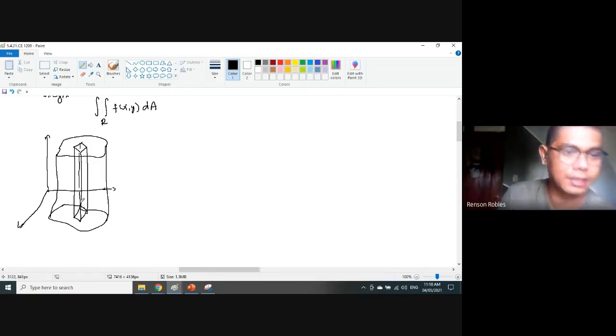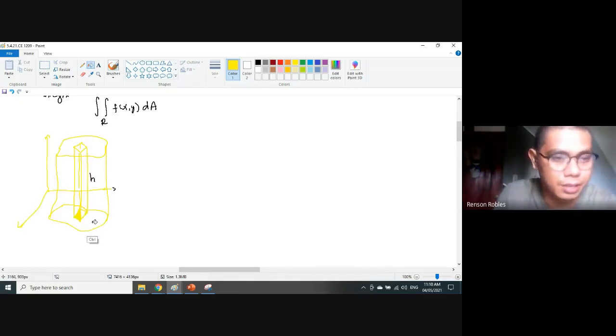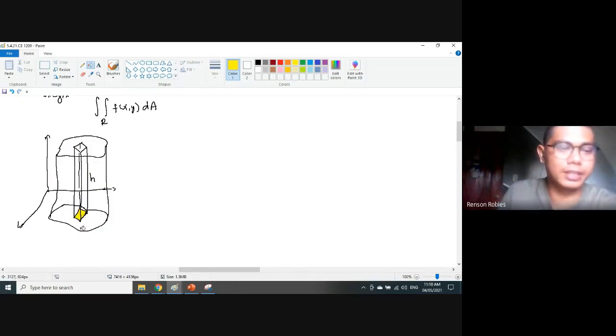That's it. And that is what will happen. So this is the height of the representative region, and this is the change. I will shade it yellow. That yellow thing down there is the base, and that's the area.